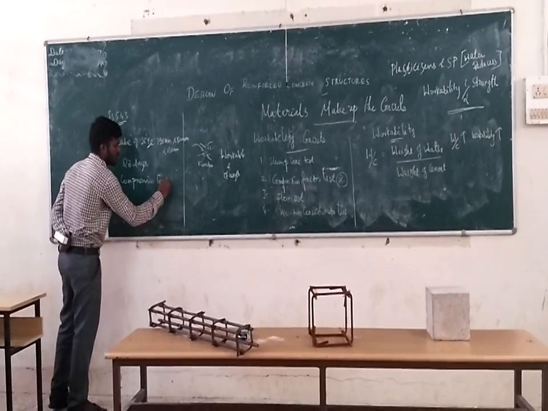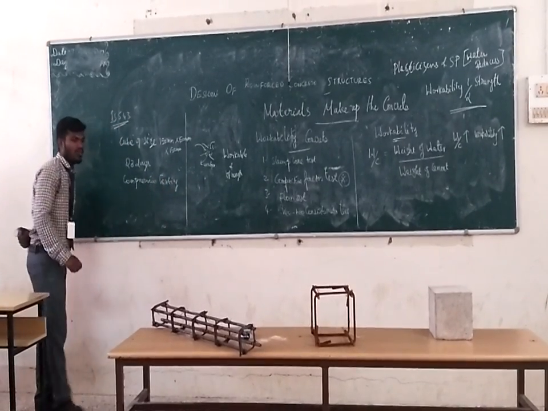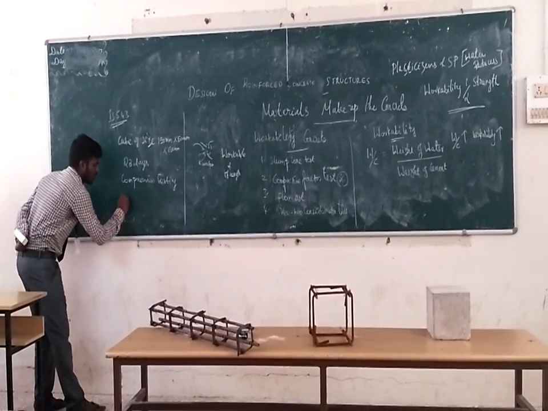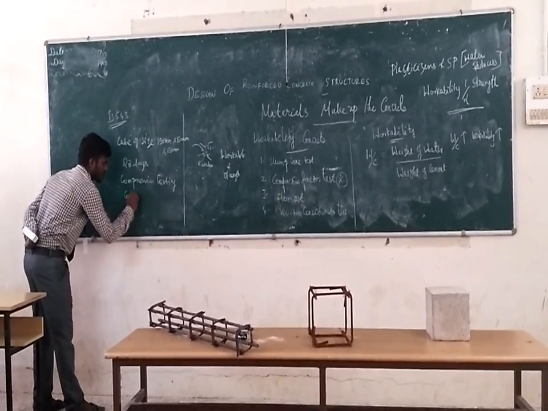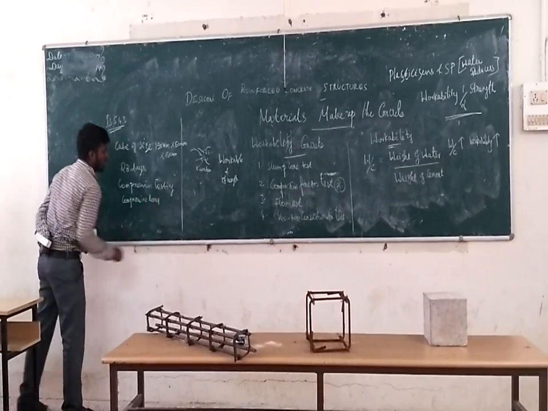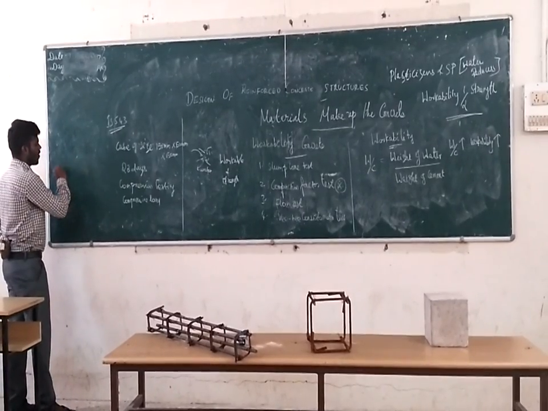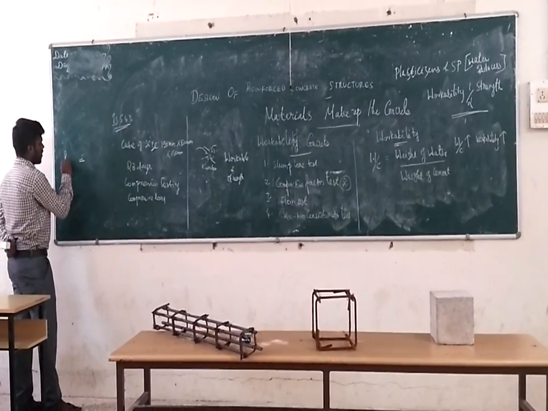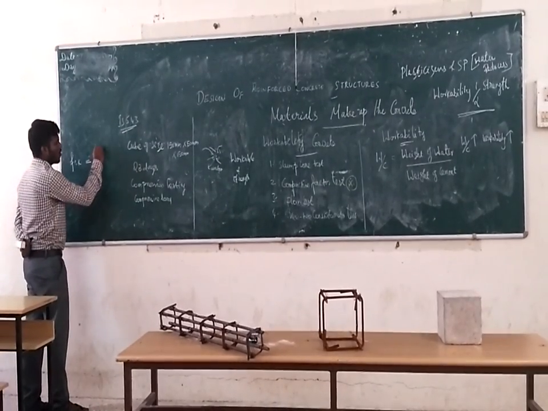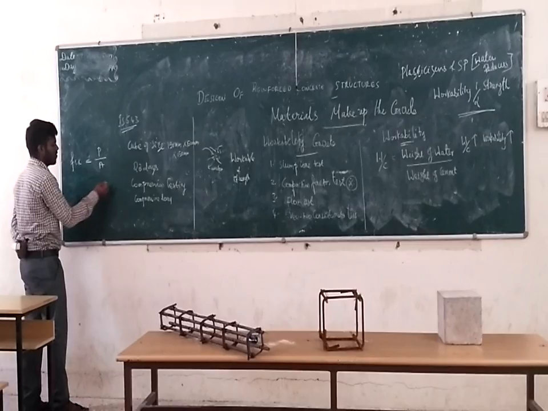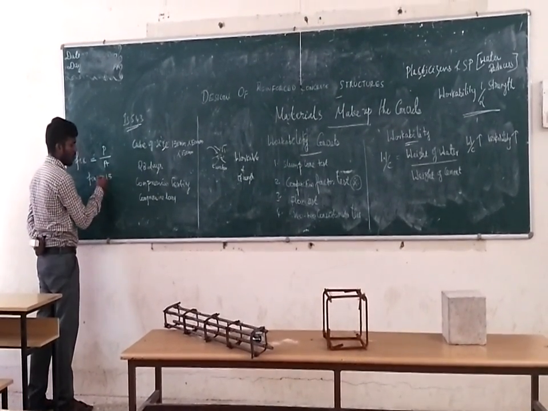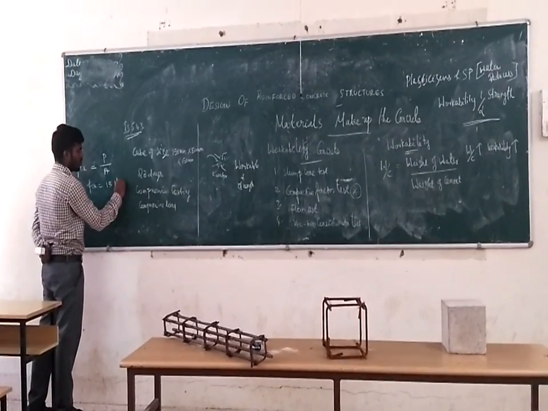We load it until it breaks, and that load is called the compressive load. The compressive strength, fck, is the load divided by the area. For example, 15 or 20.